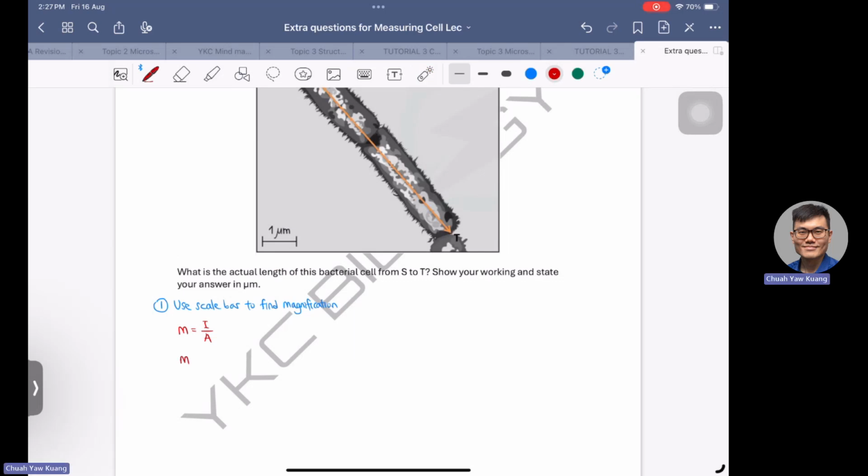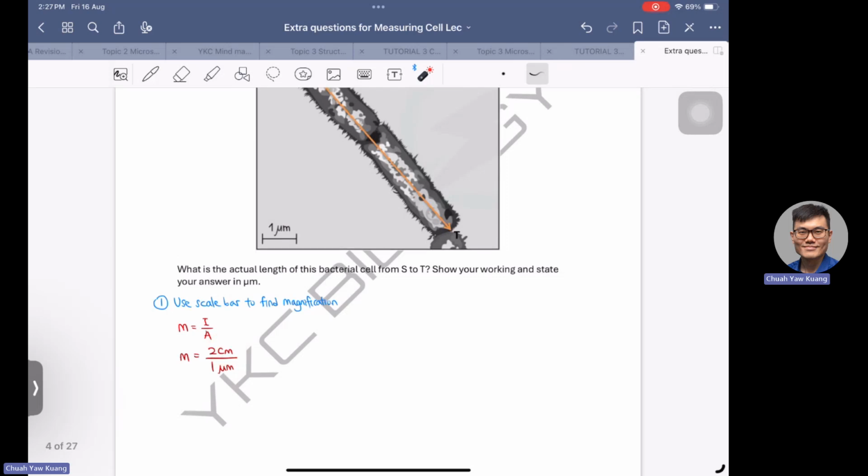So magnification equals 2 cm, the image size, over the actual size, which is the 1 micrometer of the scale bar. Same thing, we have to change these to the same unit first, so we change the cm to micrometer. First we change to millimeter, so 2 cm becomes 20 millimeter, because it's times 10.